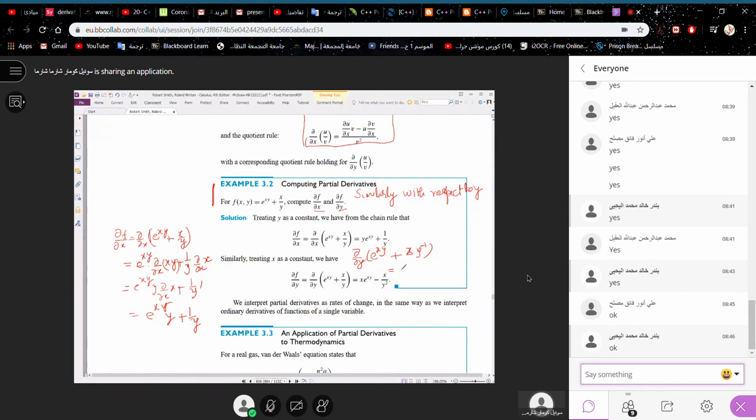So we can write e to the power xy derivative of xy, so this is x e to the power xy plus x y to the power minus 1 derivative, y to the power minus 2. So x e to the power xy minus x y to the power minus 2. So we can write it as x e to the power xy.